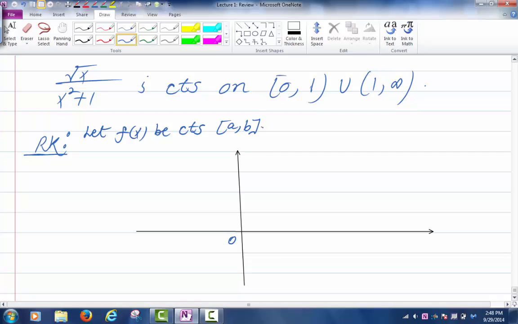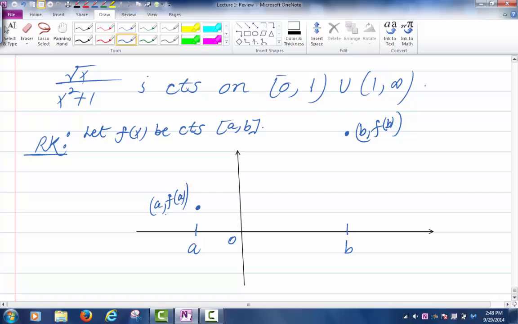What does it mean graphically? Let's say I have the number a here, and this is the point on the graph of f corresponding to a, and let's say this is b, and that's the point corresponding to b. So this is the point b, f of b, and this is the point a, f of a, right?